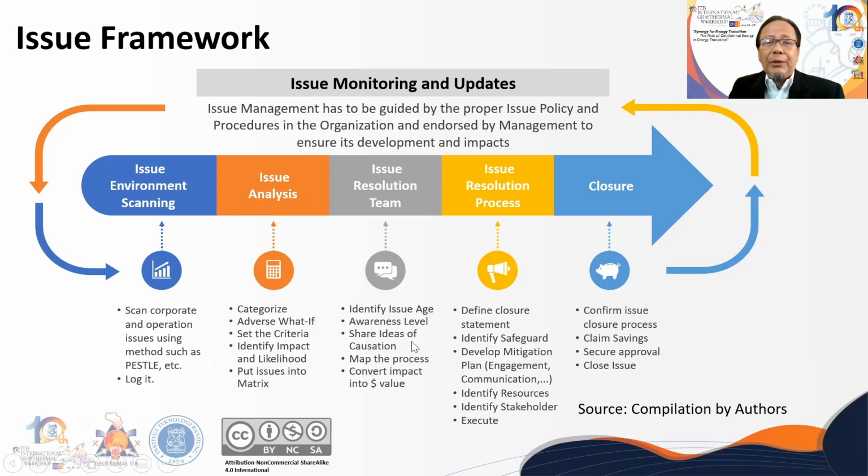In the issue resolution, you have to identify the issue age, the awareness level of team members, and share ideas of what caused it, and map the process before we identify the gap and how to resolve it.